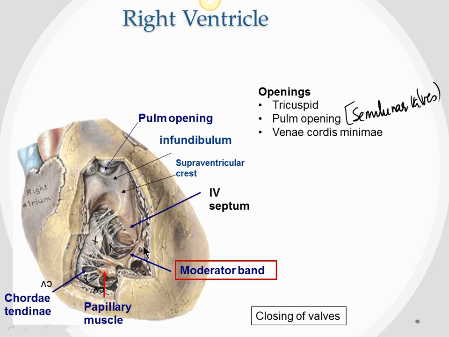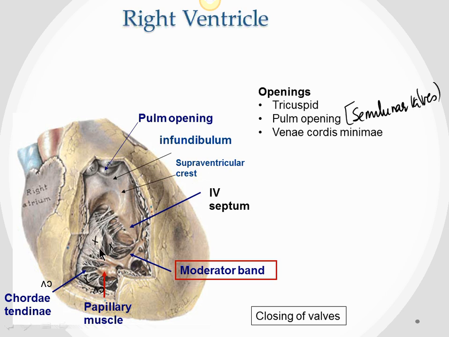Now, what is the importance of these papillary muscles and chordae tendineae? Why are they attached only to the atrioventricular valves? The reason is that this opening allows blood to go from the right atrium into the right ventricle. And if you watched that video, you saw that when the right ventricle contracts, it wants to push blood into the pulmonary opening.